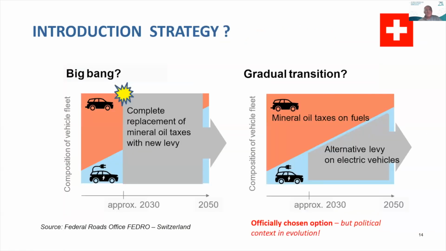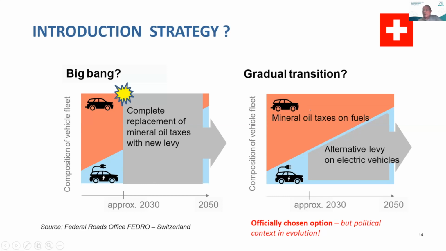The question was, initially the government was considering, can we have a big bang? It would mean introducing road user charges for all cars, electric, petrol, diesel, on all roads. But it's not possible, because if you abolish mineral oil taxes, fuel tax in Switzerland, the neighbors will come.